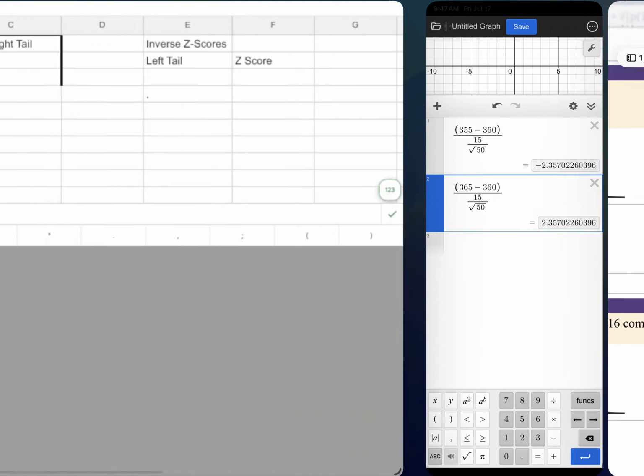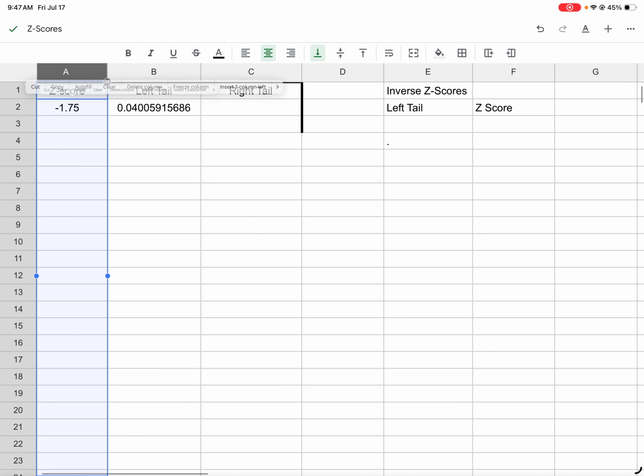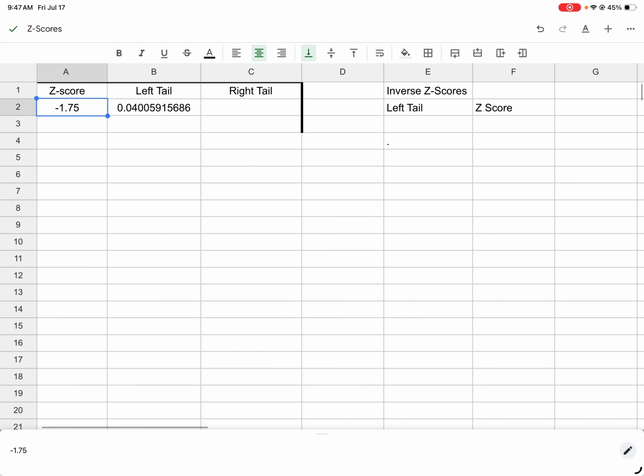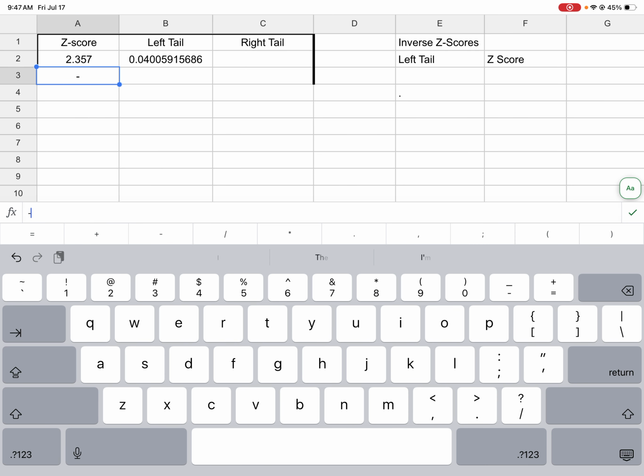So 2.357, and then down here we are analyzing negative 2.357.